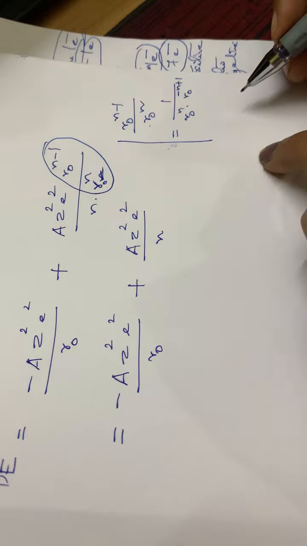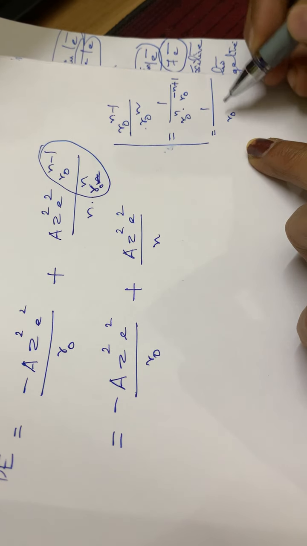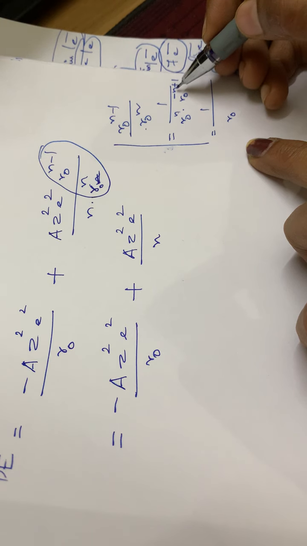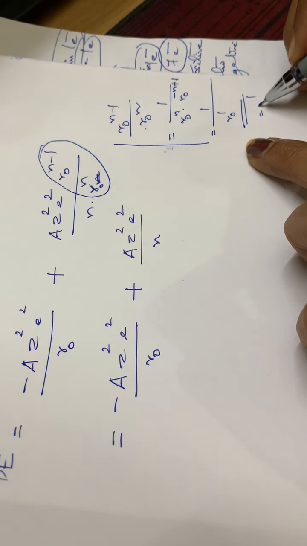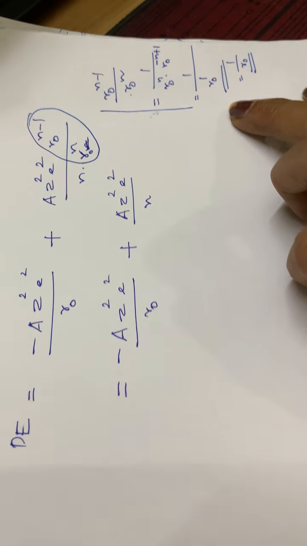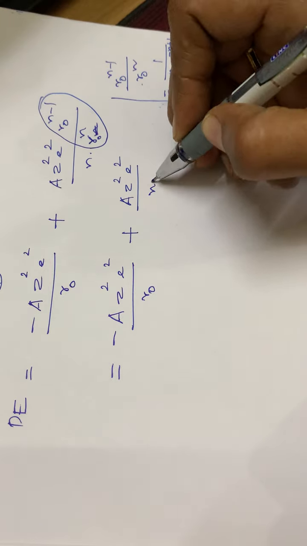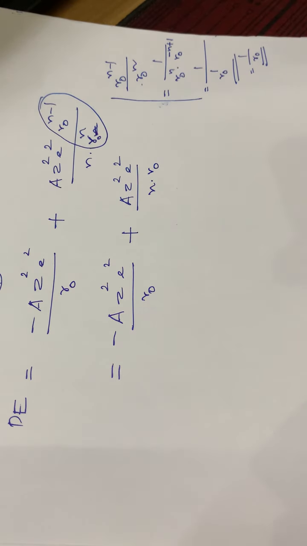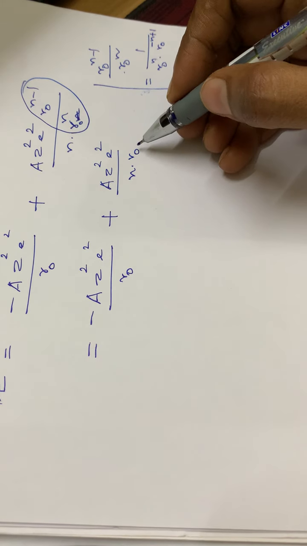Minus n plus 1. That is equal to 1 by r0 raised to n minus n. That will be 0. Then again 1 plus 1 will be remaining. That is equal to 1 by r0. Okay. So this will be simplified and the value will be equal to 1 by r0. So we can put it in the denominator. A z square into e square divided by n r0.